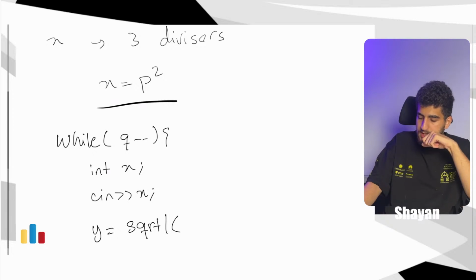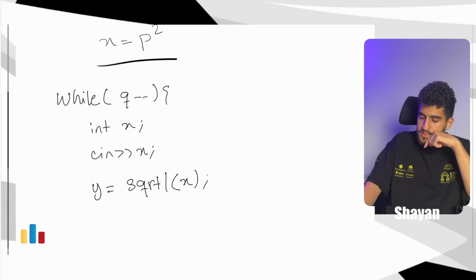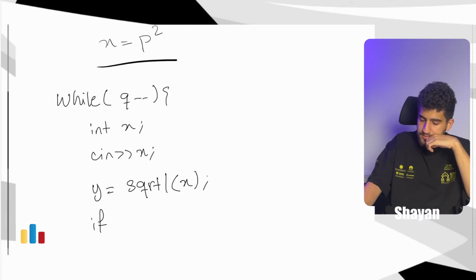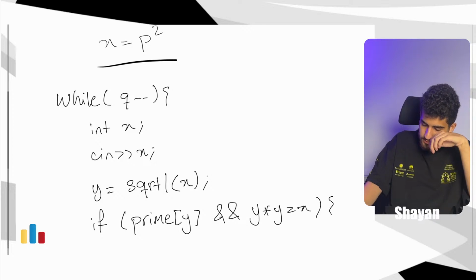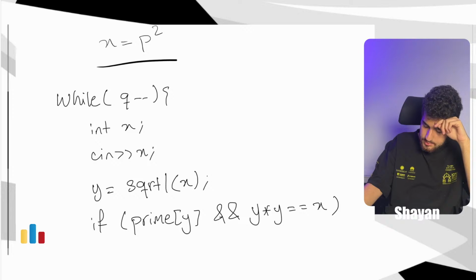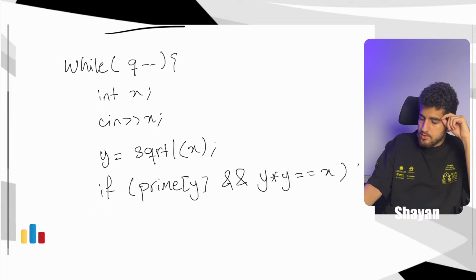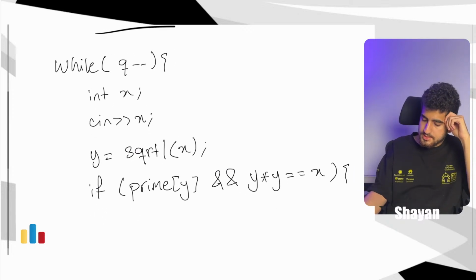y is sqrtl of x, and you just need to check whether y is prime and y times y is equal to x. If so, you can say that the answer is yes, cout yes.